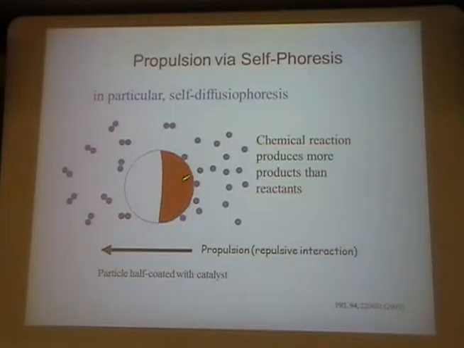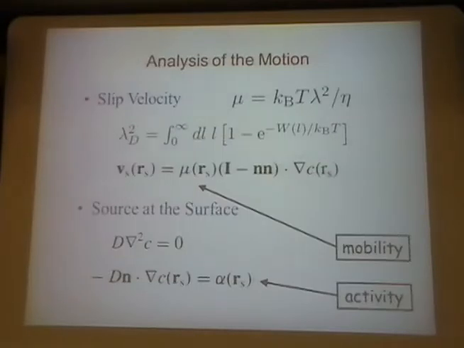The motor itself, through the catalysis, will generate the gradient that is needed for the propulsion. So this is one example of such a motor. And you can make it as small as you want, so even 10 nanometers will do, and it will swim in a directed way, but there are buts and problems and so on, which I will talk about next.